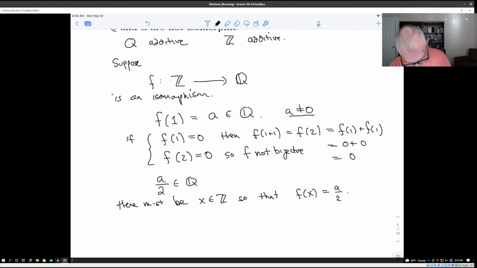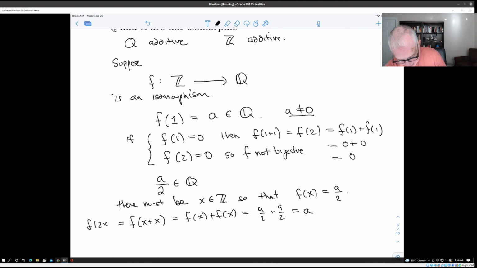And if we look at f of x equals a over 2, then it must be the case that f of x plus x equals f of x plus f of x, which is a over 2 plus a over 2, which is a. So this is f of 2x. So we've just shown that f of 2x equals a.